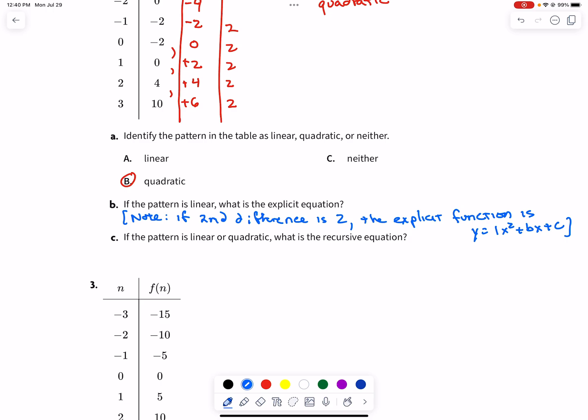Okay, so what's the recursive equation? It's going to be, again, f of 0 is -2, or f of -2 is 0, whichever.